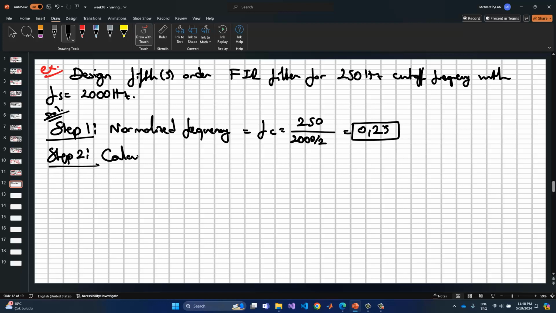In step 2, calculate the ideal response, the ideal response of the sinc function. For the fifth order we have N equals 5.